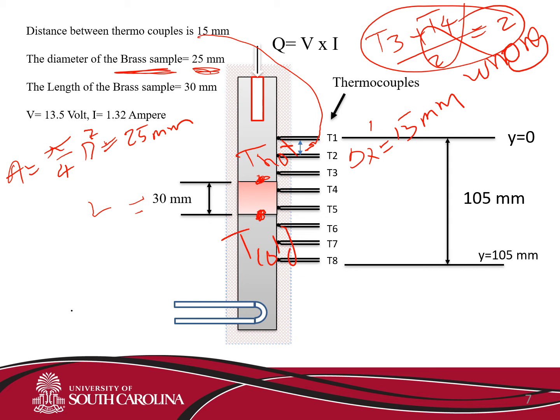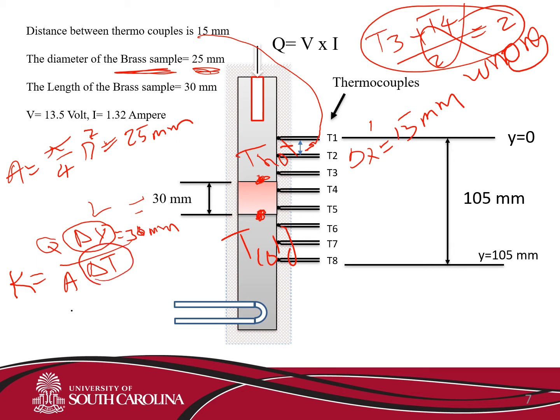To find the thermal conductivity, from the linear conduction, K equals Q delta Y over A cross section delta T. So delta Y equals 30 millimeter, right?